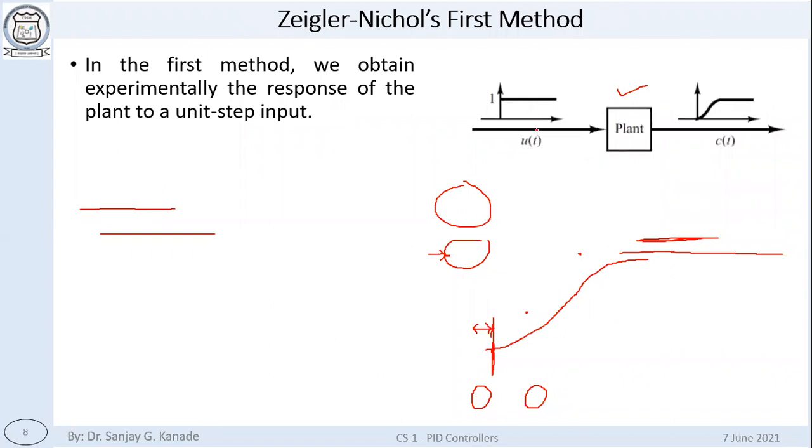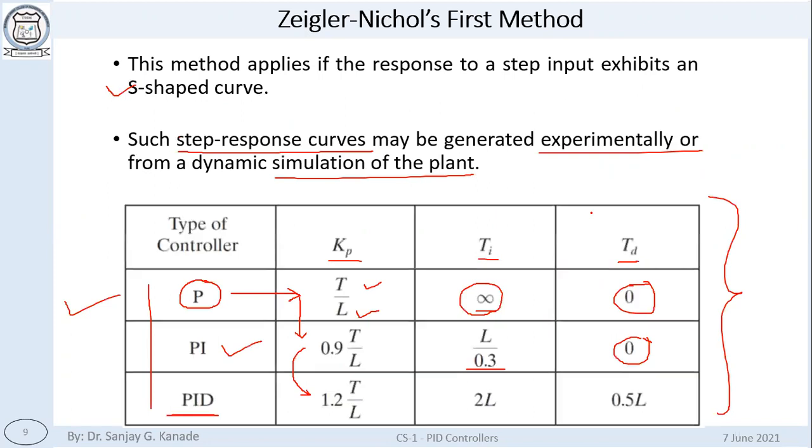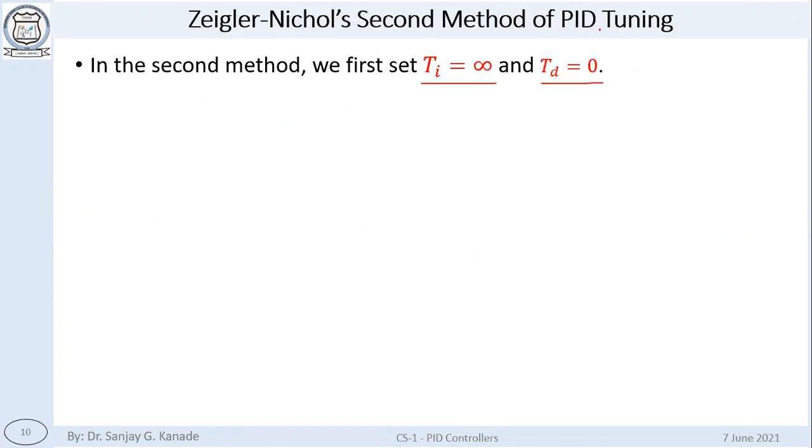We simply applied the input to the plant. However, in the closed loop method, we first set Ti equal to infinity and Td equal to 0. Means what? We start with what?